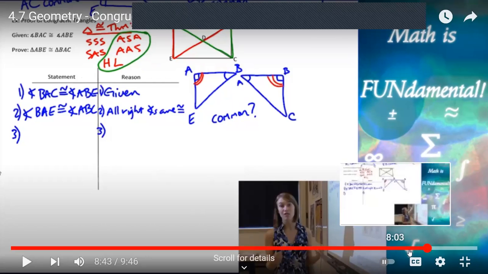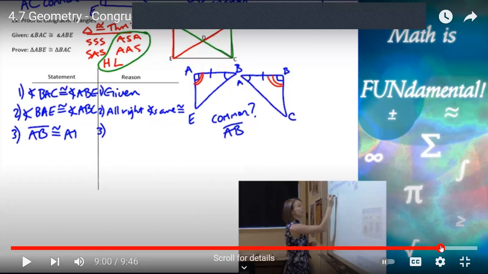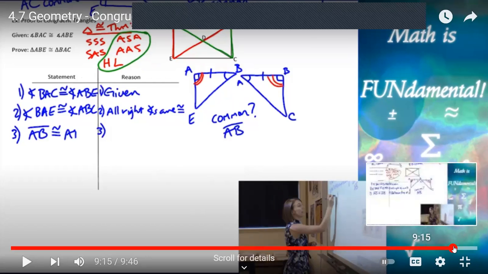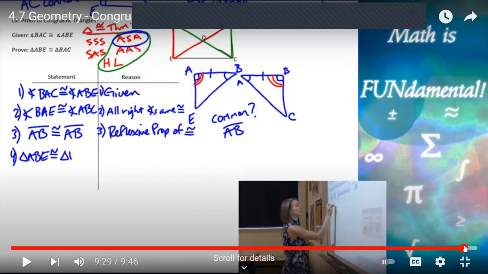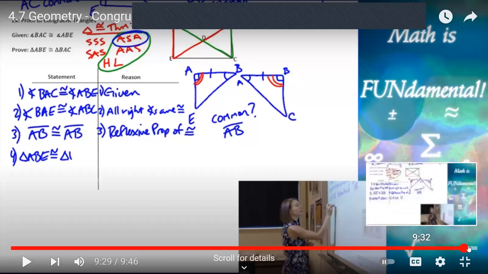I think this will be the third step, using the reflexive property. And then using angle, side, angle, we can prove that those two triangles are congruent.